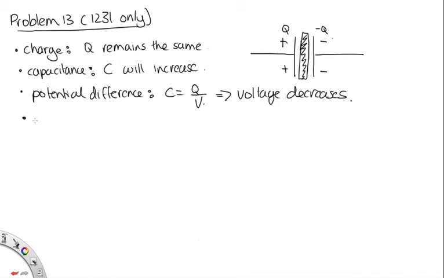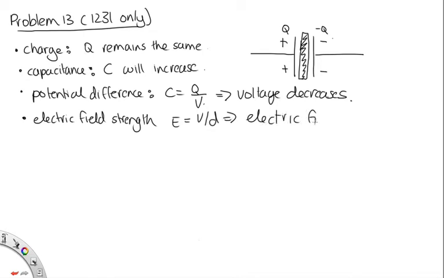To the electric field strength, E is equal to V on d in a constant electric field, which is what we have in here. We're not changing the distance between the plates. This is decreasing, so the electric field decreases.